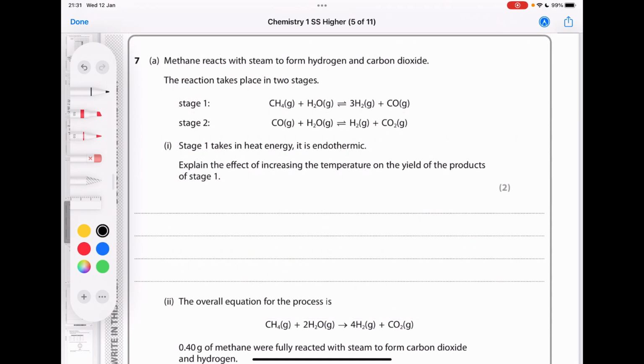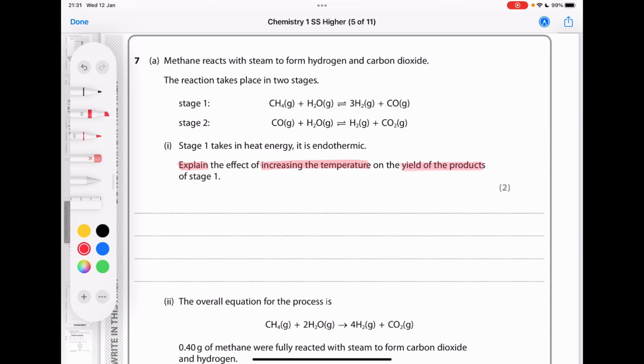Question 7 is all about the topic 6 content of equilibria. So question A part 1 has asked you to explain the effect of increasing the temperature on the yield of the products. And there's a couple of points here.